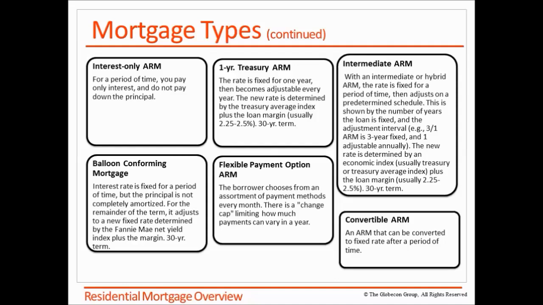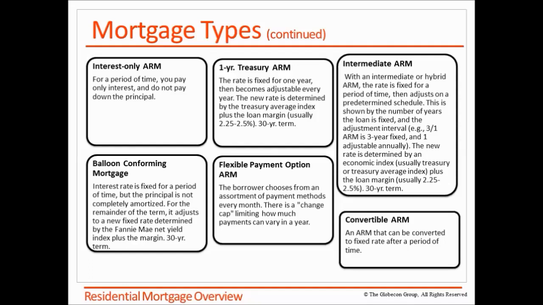So we also have an intermediate ARM. With an intermediate or hybrid ARM, the rate is fixed for a period of time, then adjusts on a predetermined schedule. This is shown by the number of years the loan is fixed and the adjustment interval. So a 3-1 ARM is a 3-year fixed and a 1 adjustable annually. That means it can adjust 1 time annually.